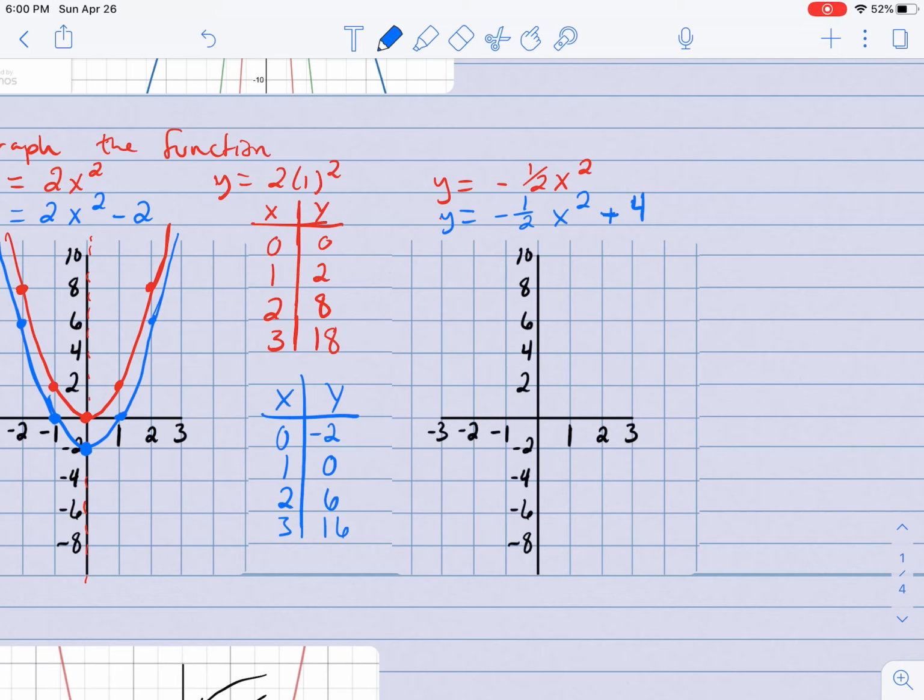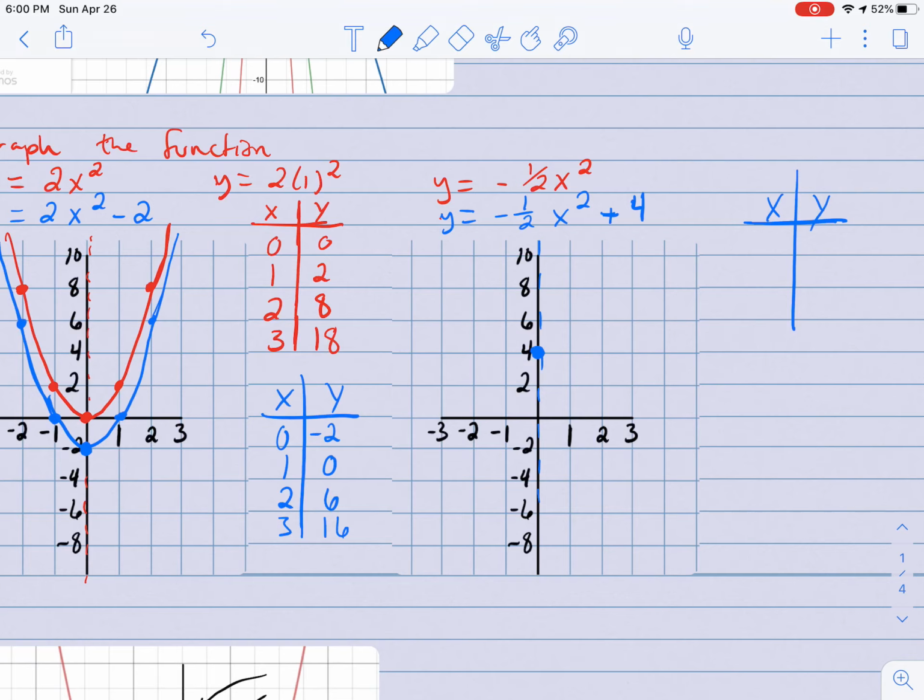And with that, I'll go ahead and do the bottom graph first. So x, y. And here, our vertex, once again, is going to have 0, and then this +4 is going to be our y value for our vertex.